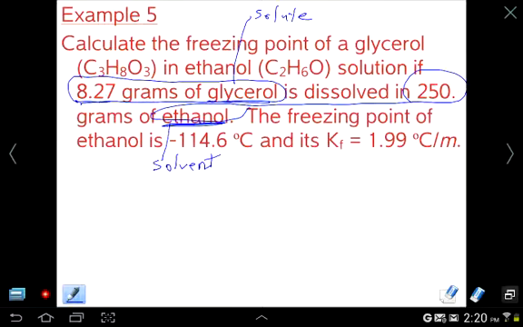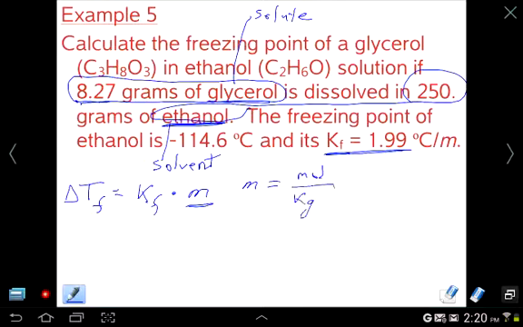So the equation set up for us is the change in the temperature of the freezing point is equal to the freezing point constant times molality. Because the Kf is given to us, all we have to do essentially is find the molality, and then we can find the new freezing point. Now, molality, recall, is moles divided by kilograms.